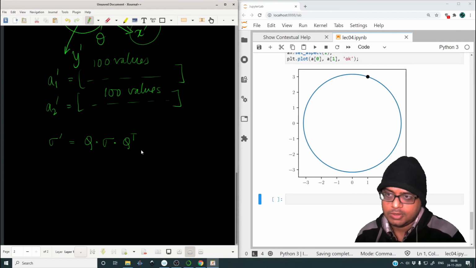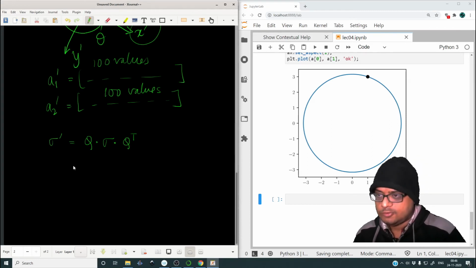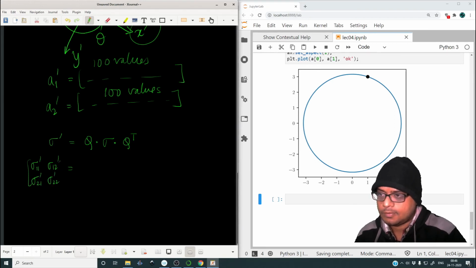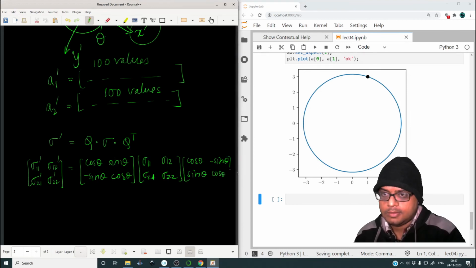So this is how the transformation of a matrix looks like. And so in its rawest form, it will be equal to this.